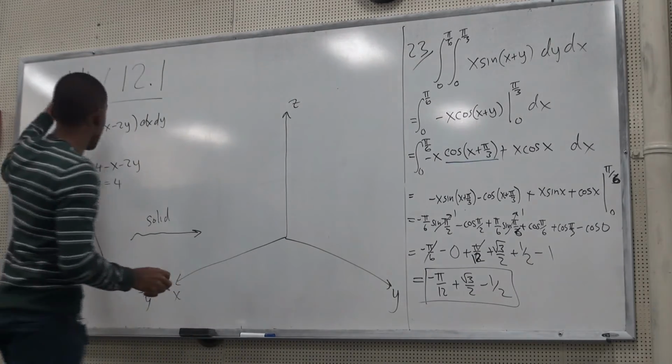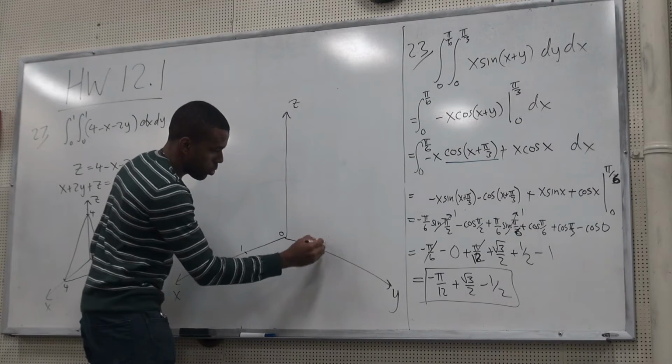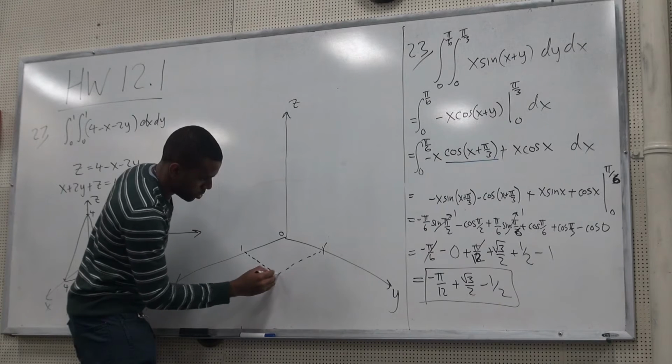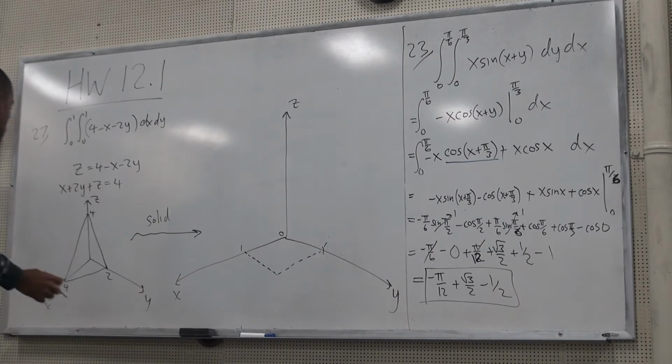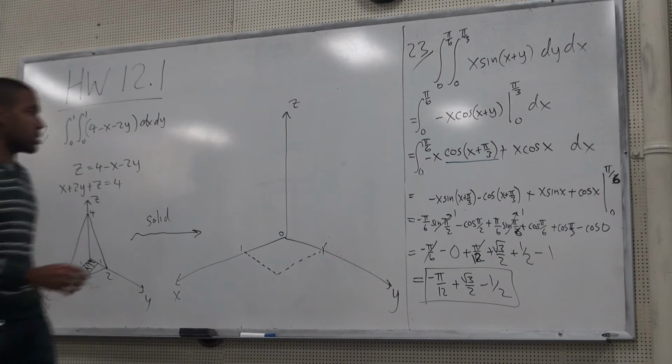So now I'm on 0 to 1 on the x, and 0 to 1 on the y. Right? So it's like I'm only drawing the part that's above this little rectangle here. That's projected upwards. And then the plane is going to slice along the top.